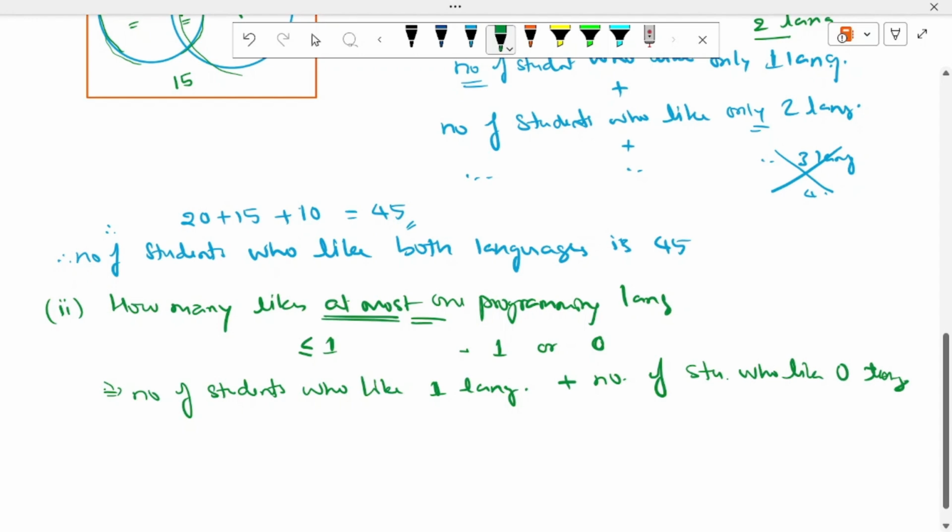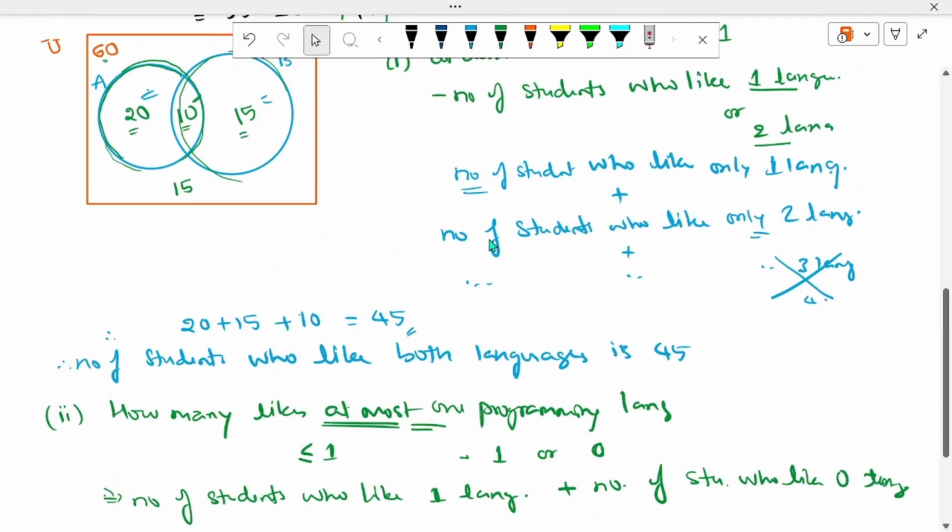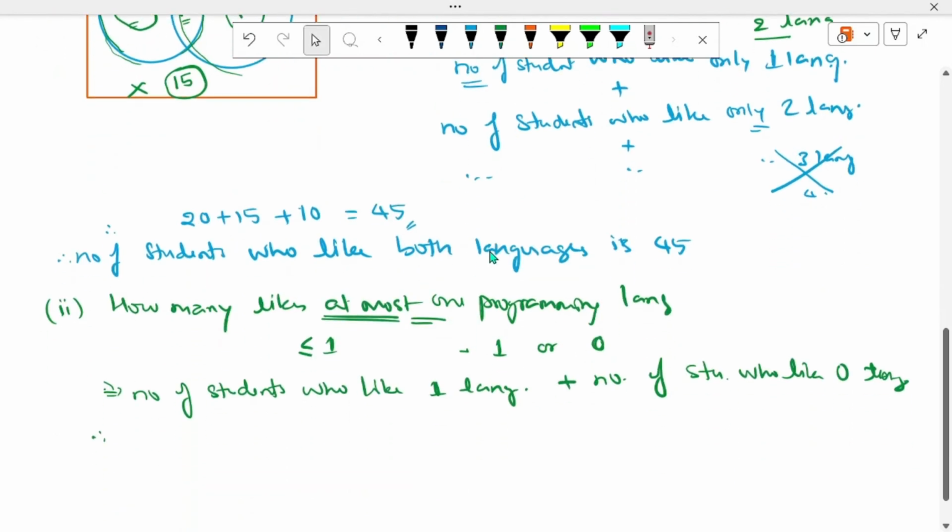Okay, and therefore if you see from the Venn diagram, there are 15 students who do not like any language, and there are 15 plus 20 students who like one language. So you can write 20 plus 15 plus 15, and this will be equal to 50 students.